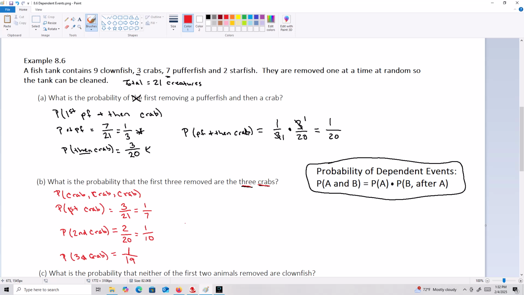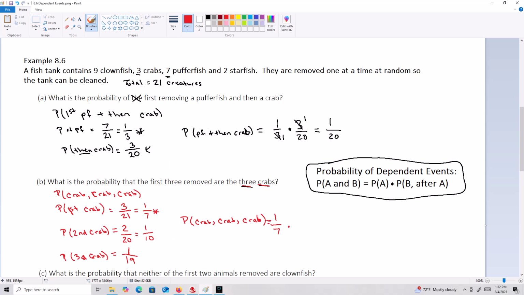Now, the probability of getting a crab and then a crab and then another crab without getting any other creatures in between would be 1/7. Got that right here.